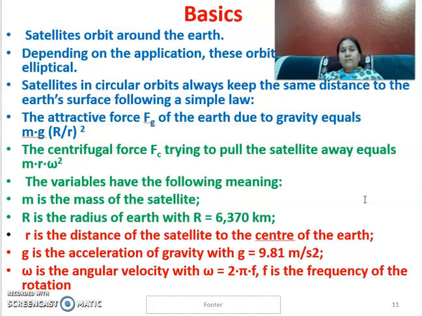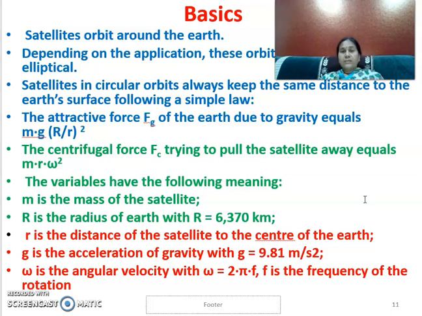Whether it is in a circular or an elliptical orbit, the satellite is placed at some fixed distance, at its position, also called its home position. So it never moves from its home position.